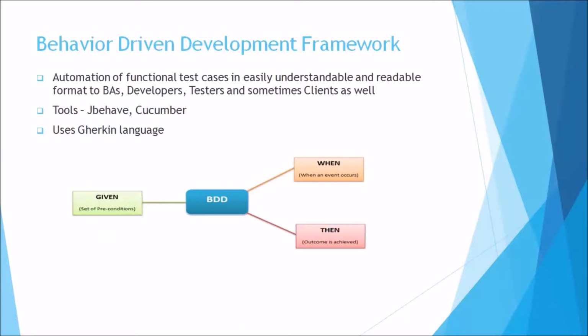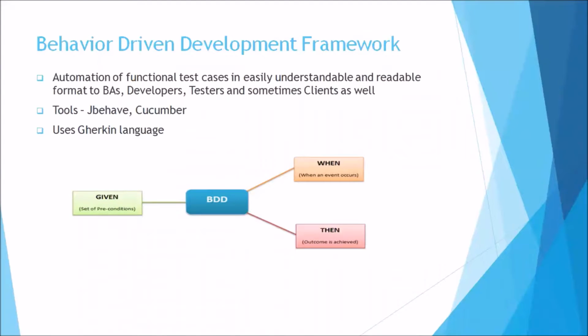So sometimes what happens, they don't know what are we automating. Okay, so in that case, how can we make it more understandable to them? Okay, so then in that case we can use behavior driven development framework. So the tools are JBehave and Cucumber, and it uses Gherkin language.